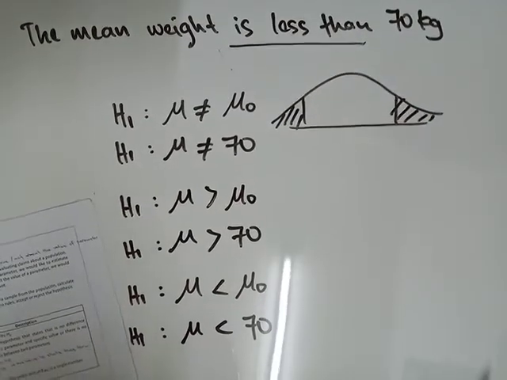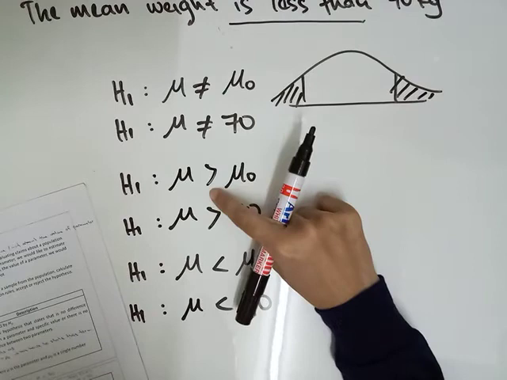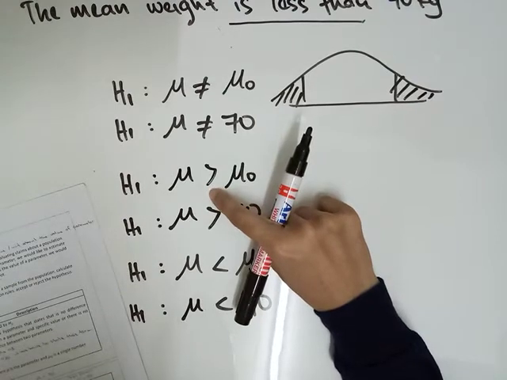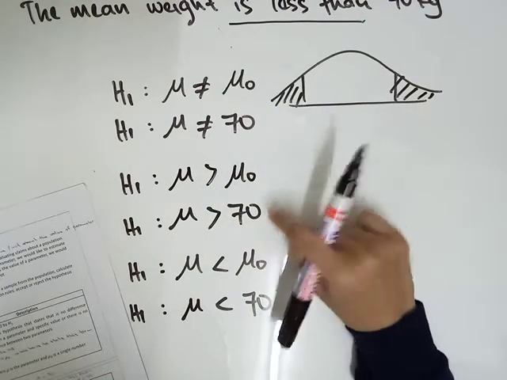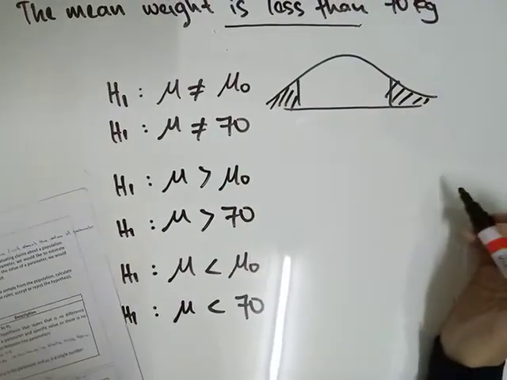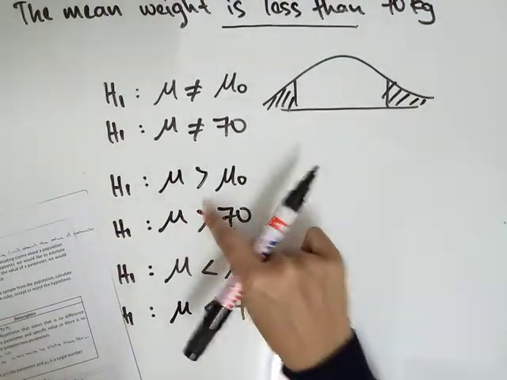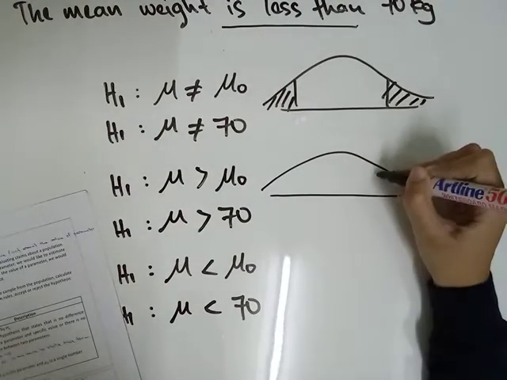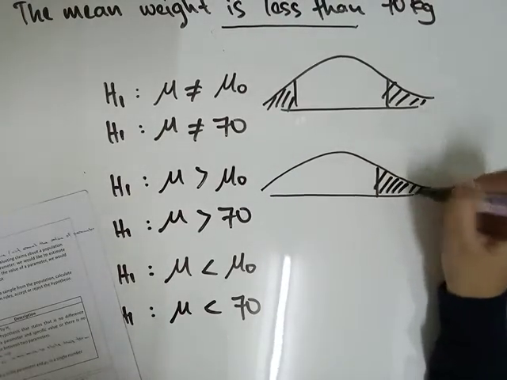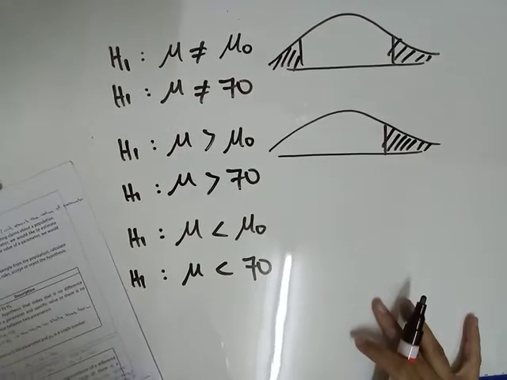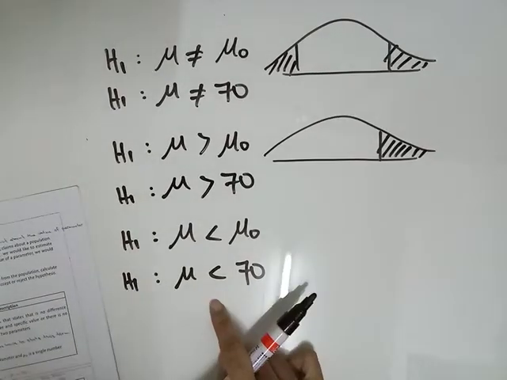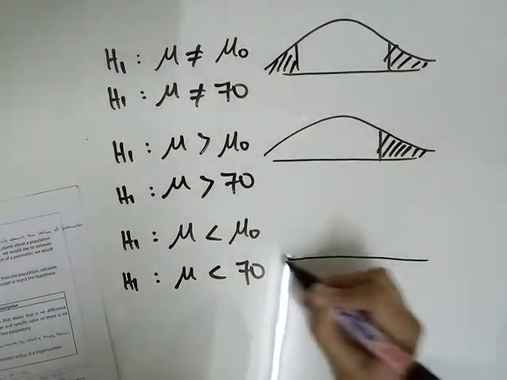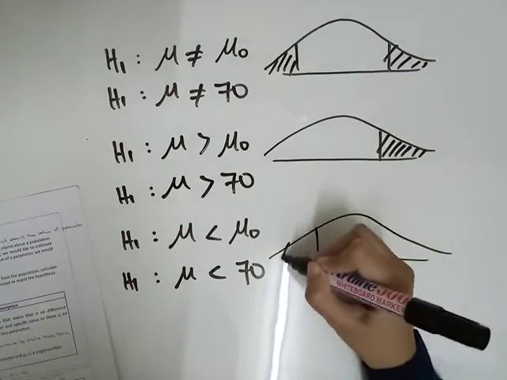Okay, for more than, mean more than 70 kg, that means when we find the sign more than, we would like to test the right tail of the area. Okay, when it is less than, we would like to test the left tail of the area.